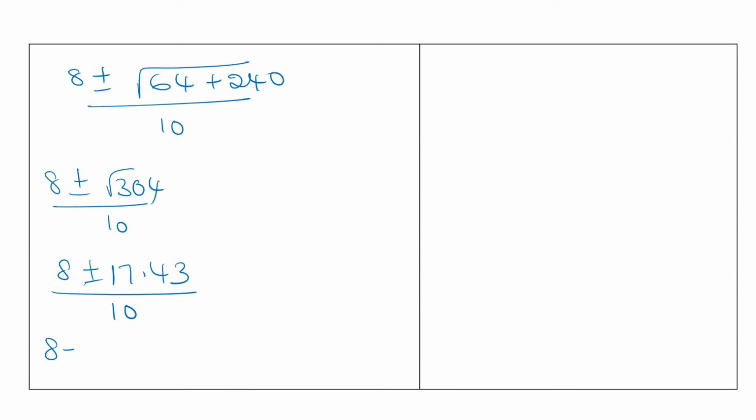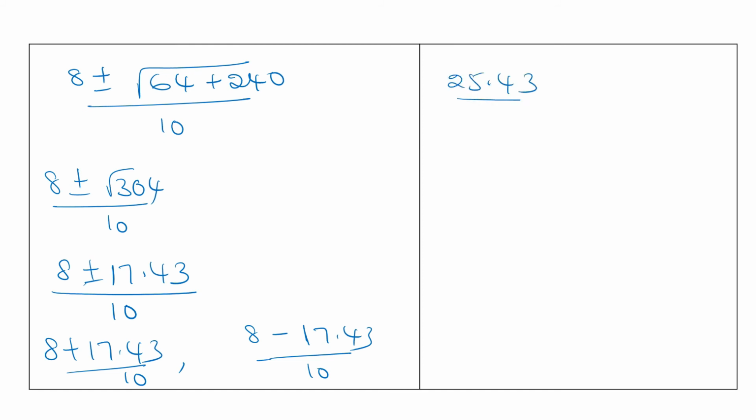So first 8 plus 17.43 by 10 is one of the roots, and another root is 8 minus 17.43 by 10. So if you add 8 plus 17.43, it becomes 25.43 by 10. So this is 2.543.